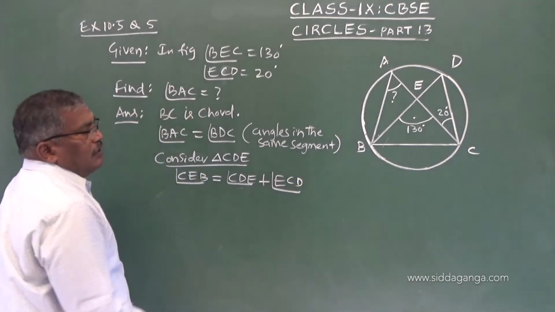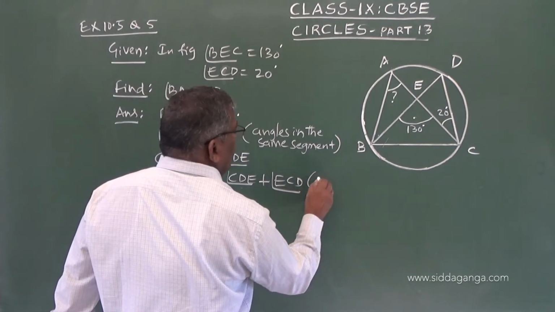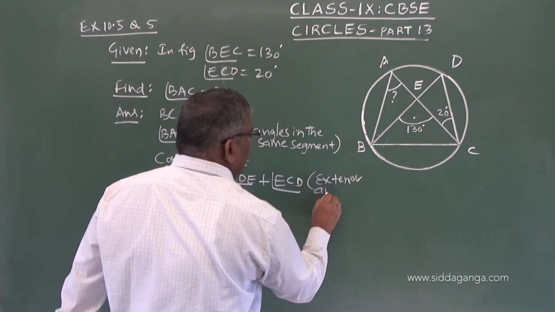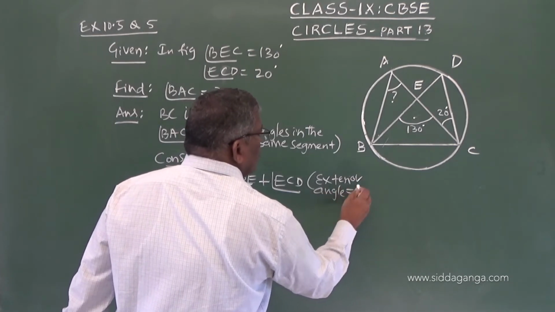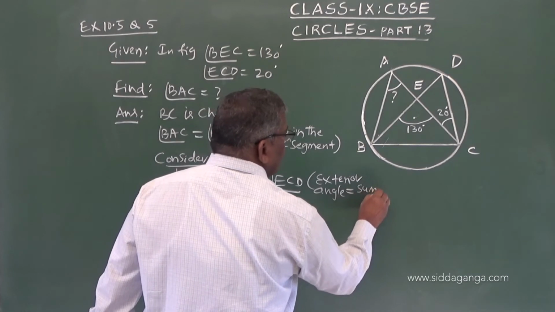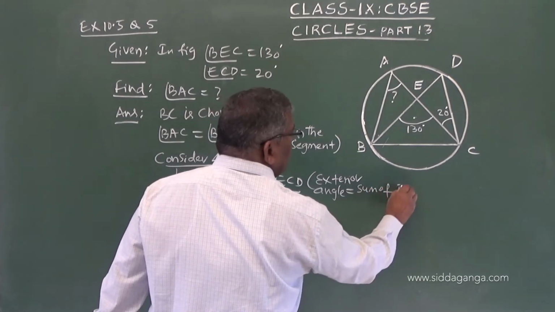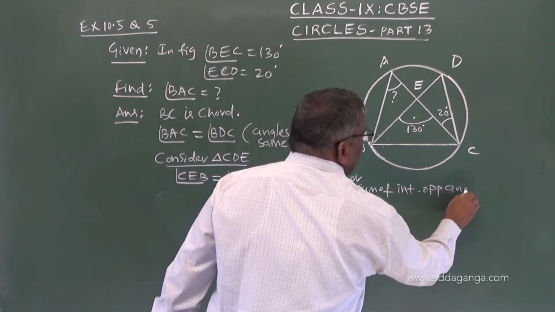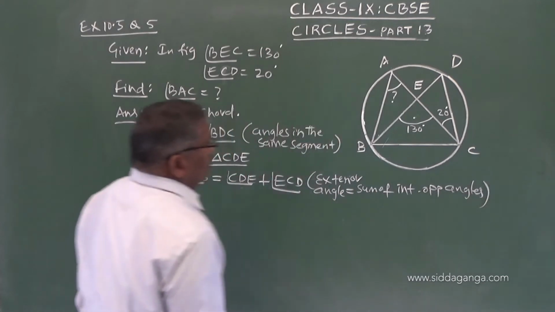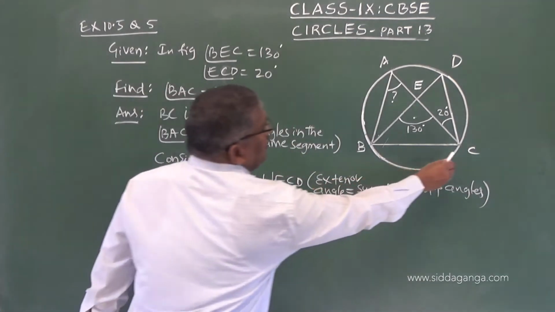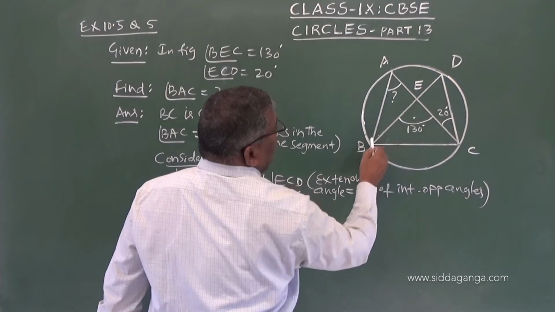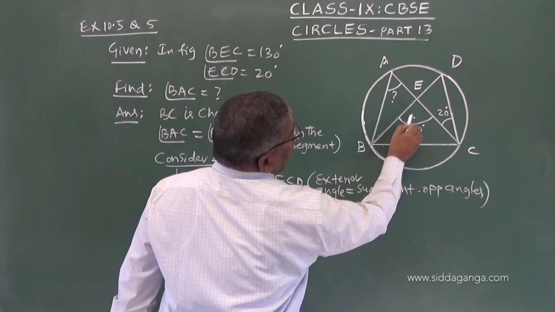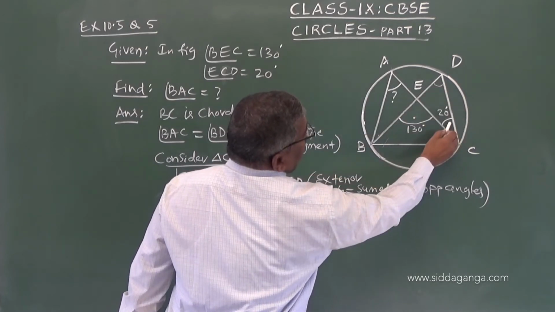You understand this? Exterior angle equals sum of interior opposite angles. So this is the exterior angle CEB. This is the exterior angle for this triangle, and it will be equal to this angle and this angle.